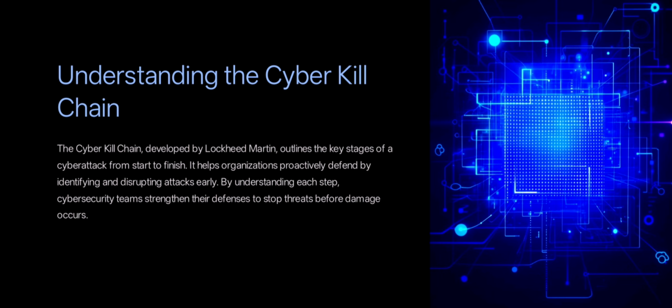Definition: the attacker proceeds with their intended goals, such as data theft, system disruption, espionage, or financial gain. Possible objectives: exfiltration of sensitive data, ransomware deployment, lateral movement and privilege escalation, destruction or defacement of systems.